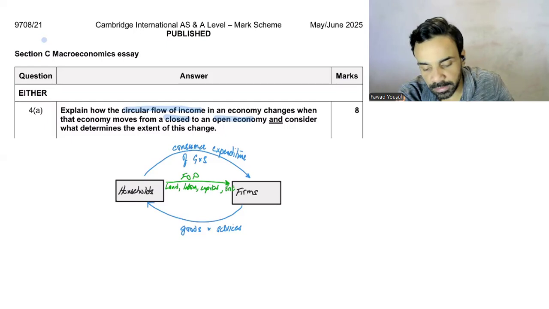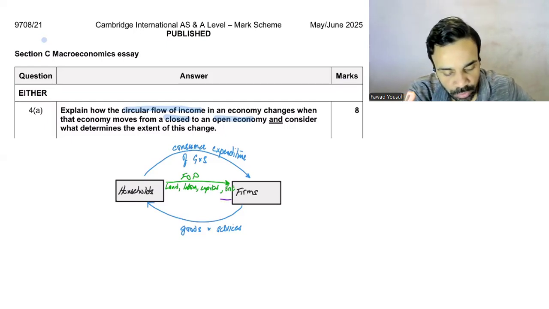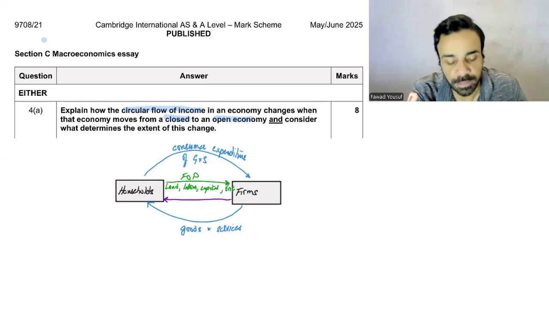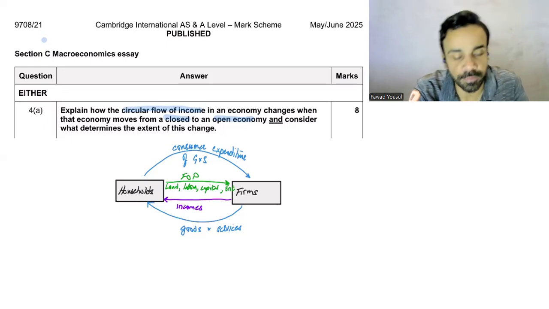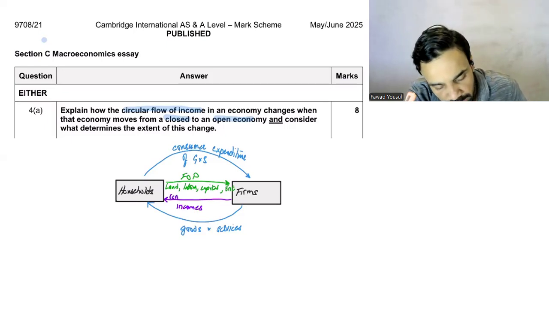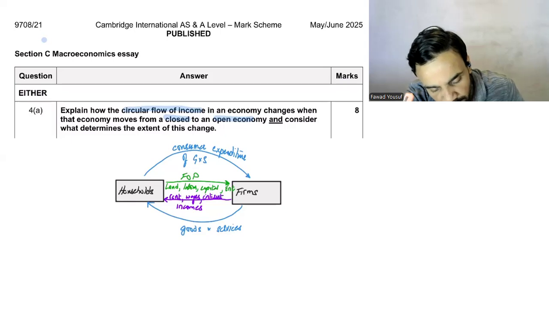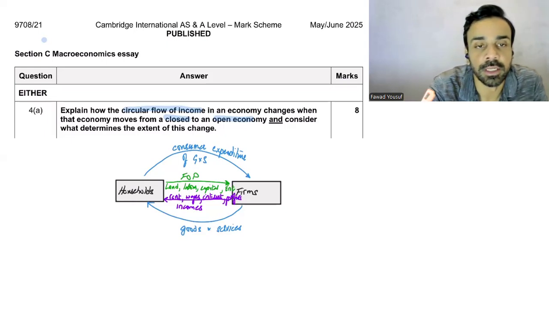But the key thing that we must mention also is how firms make those factor payments, which we know are the incomes of those factors of production, and they are rent, wages, interest on capital, and you have profits. These are the four rewards.